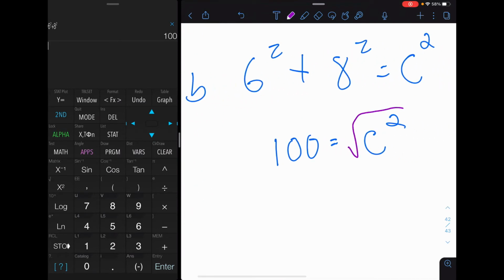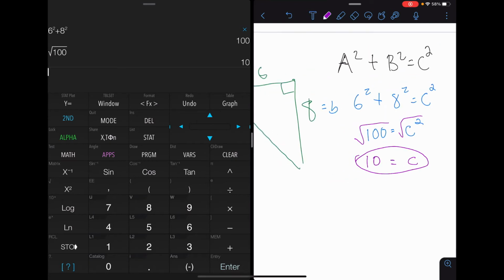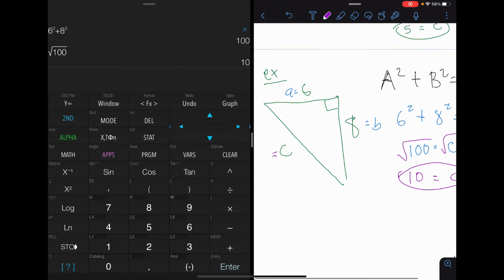So square root, this equals c. Second, square root 100. And my answer is 10. So c equals 10.